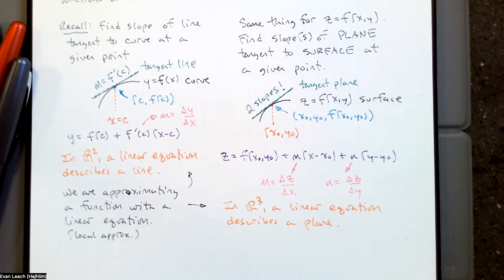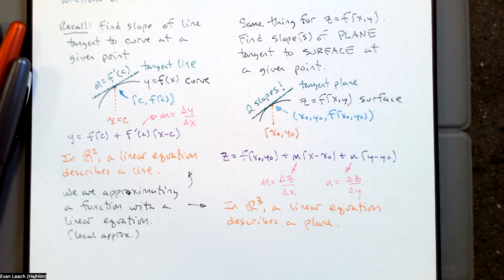Is everybody okay? So we're going to do the same thing mechanically that we did before. We're thinking of these derivatives in terms of slope.